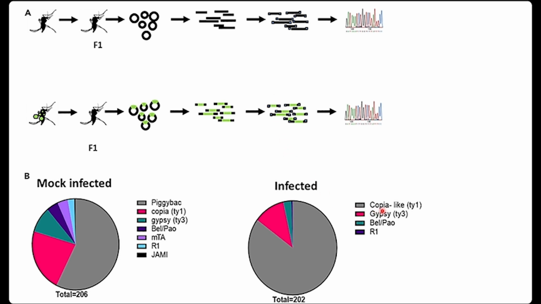And they found out that copia-like and gypsy, so that it's from the spongy moth. It used to be called a gypsy moth, an old term for it. These are transposons that should be renamed, personally, because I don't like using the bad name for them. But piggyBac is a standard transposon that everyone uses.